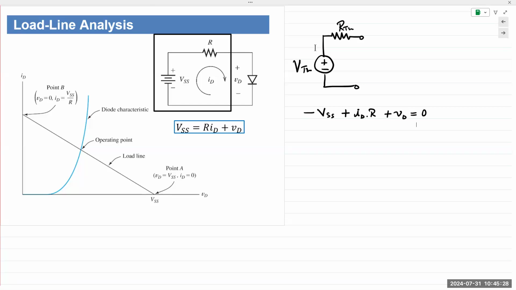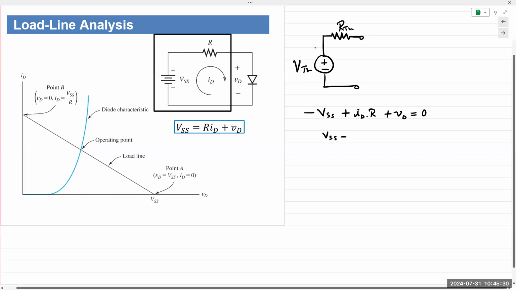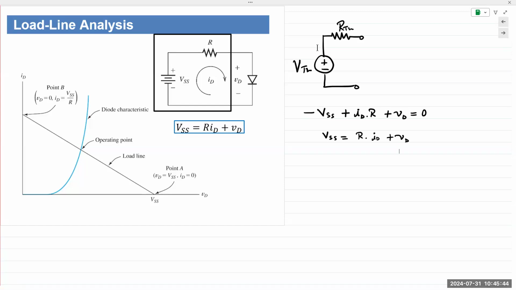But obviously, the equation that we obtain is VSS equals ID times R plus VD, which makes sense. You have one energy source in there, VSS, and you have two passive components that act as a load. You have the resistor, you have the diode. So the voltages across those two components should add up to your total source voltage. So VSS is equal to ID R plus VD.